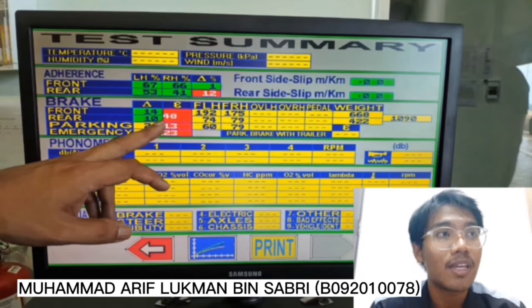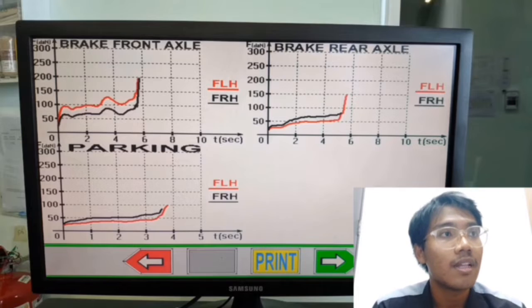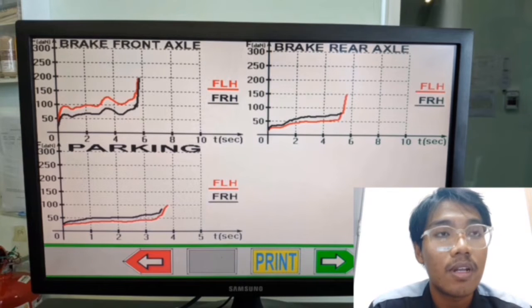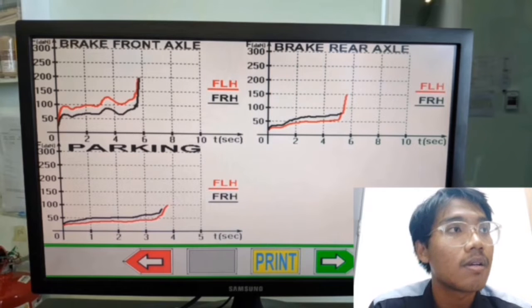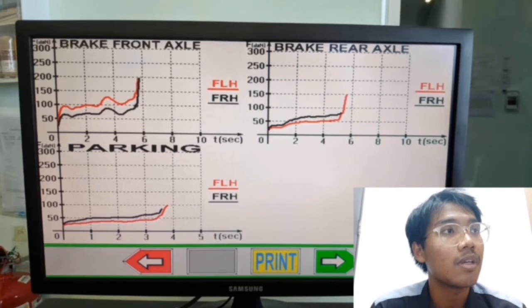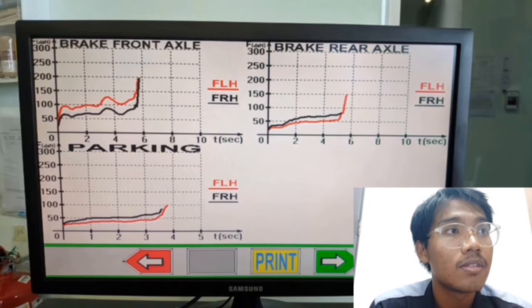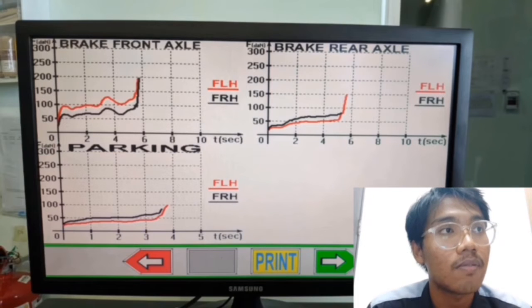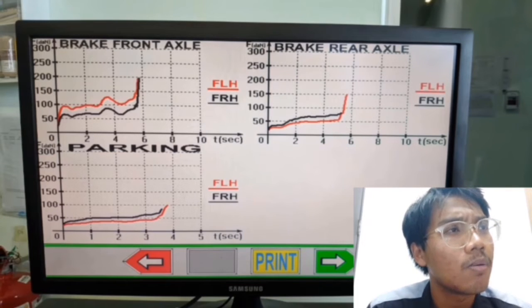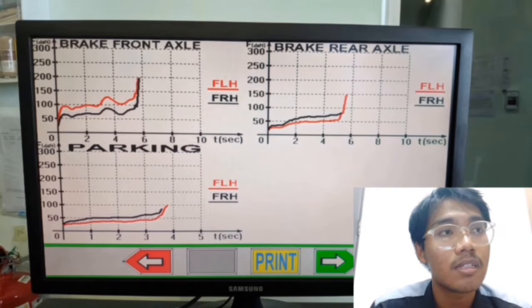Okay, next we look at the graph of the result. The brake front axle for the left side is much higher than the right side. For the brake rear axle, the right side has a much higher force than the left. Lastly, on the parking force, we can see that the right side is higher than the left side.